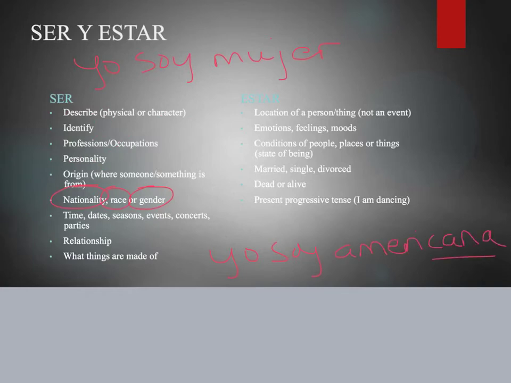Again, these are nationality, race, or gender, but it's also identifying myself as something, or someone as something, or something as something. I'm also going to use ser whenever I talk about times, dates, seasons, events, concerts, or parties, like where they might occur.